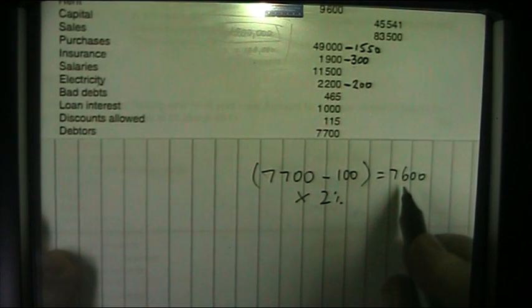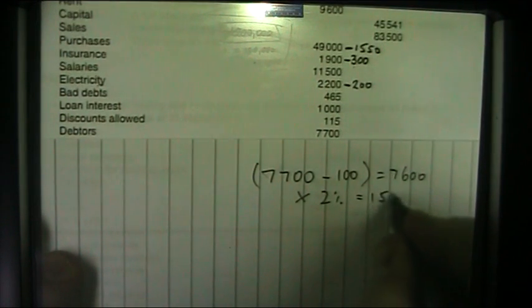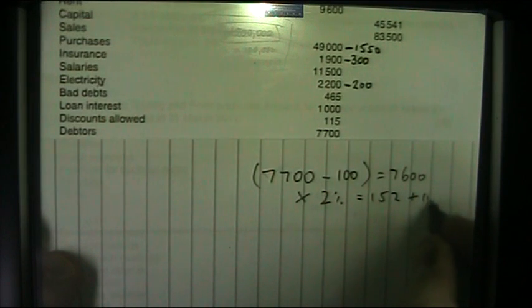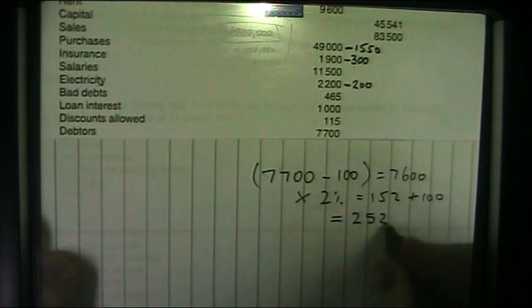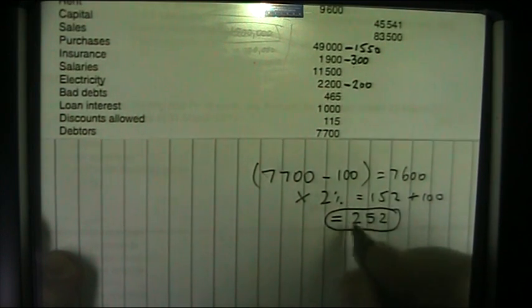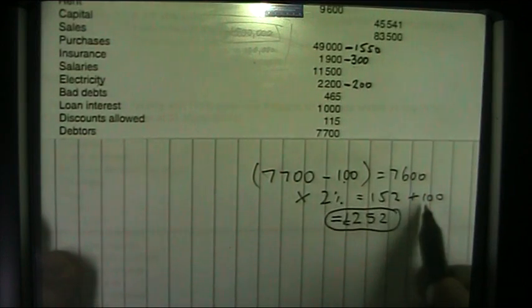Okay, so what's 1% of that? 76. So 2% will be 152, right? And then I need to add on my specific debt again. So my new provision for doubtful debts should be $252. Okay, that's what it should be. Take off the 100 specific, work out the percent, and then add it back on.